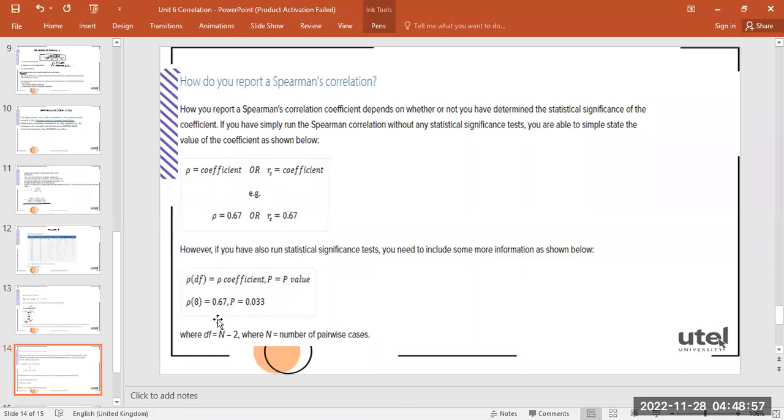So you can see here we have rho of 8, that's the degree of freedom, is equal to 0.67, and p is equal to 0.033. So basically, this is how you carry out correlation analysis in statistics.